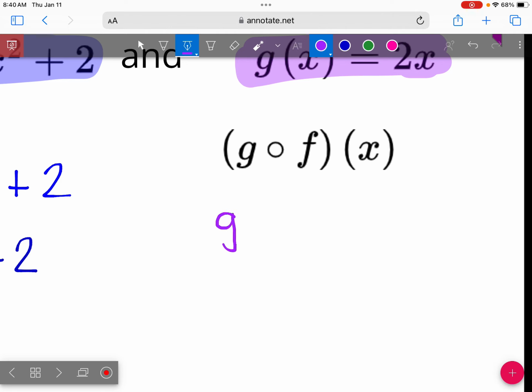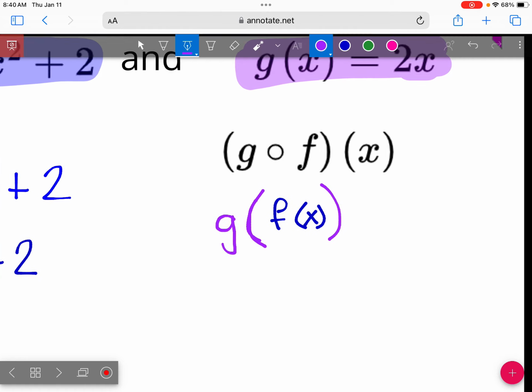So let's do g of f of x and go the other direction over here. I'm substituting f of x in place of the x.